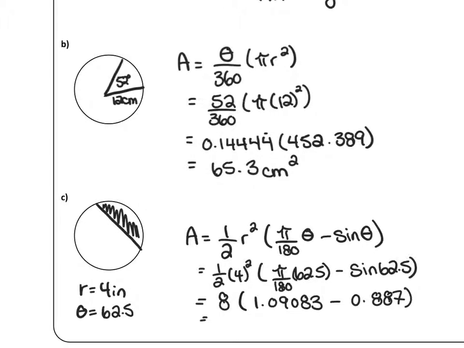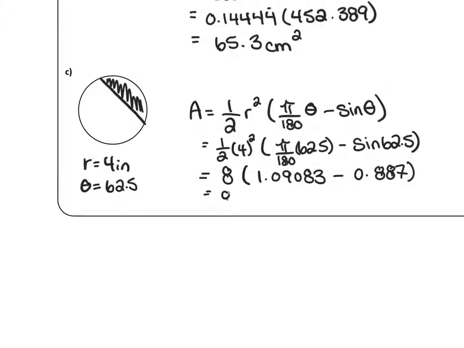I'm going to subtract those two: 1.09083 minus 0.887 is 0.20383, and then times that by 8, and I get 1.63, and that's inches squared for that segment.